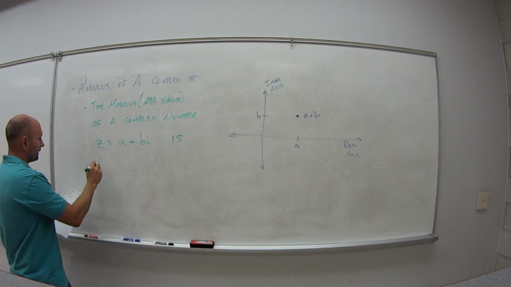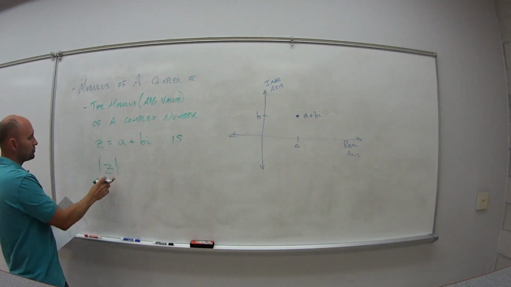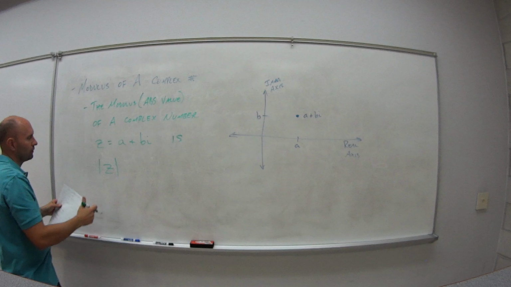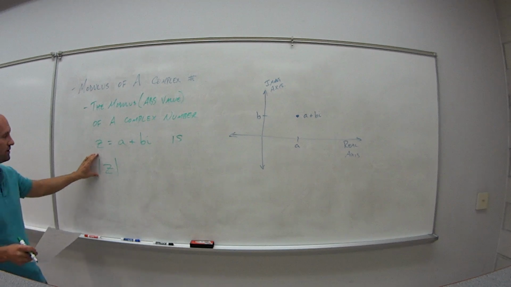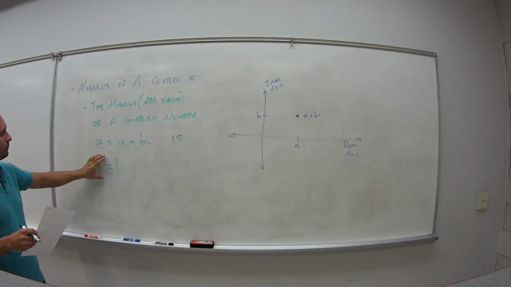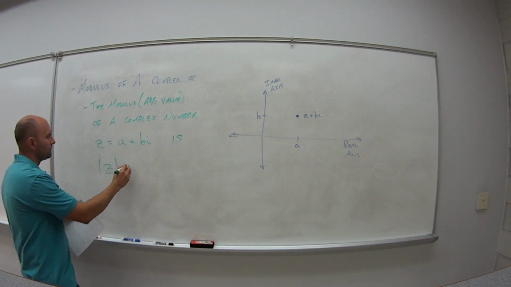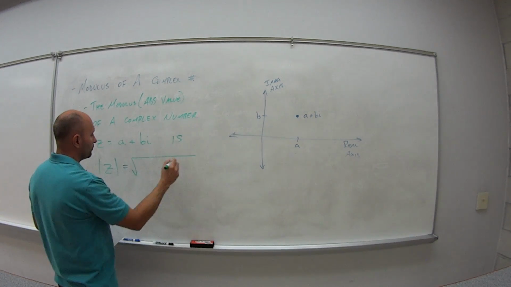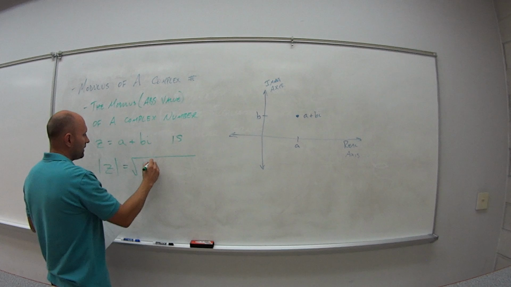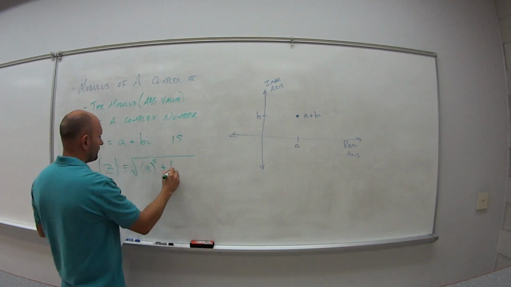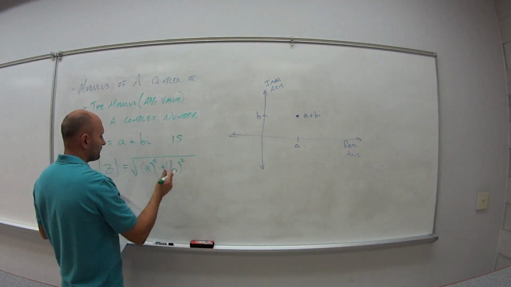It's the following. So the modulus of Z, so we no longer say the absolute value of Z. If we're talking about complex numbers, we say the modulus of Z. And this is the square root of A squared plus B squared.